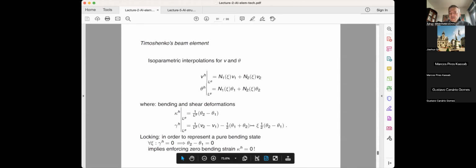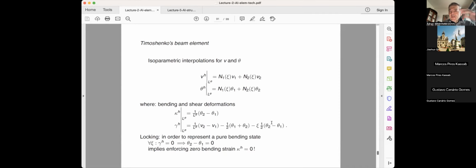I want to make sure that gamma is equal to 0 for any value of x or any value of xi. The best way is to say that theta2 minus theta1 is equal to 0. But theta2 minus theta1 is precisely the interpolation of my curvature field. So the only way I can have shear equal to 0 is if I also kill the bending. This is the kind of locking phenomenon: the inability of the element to represent a pure bending mode for the rules that are normally applied.